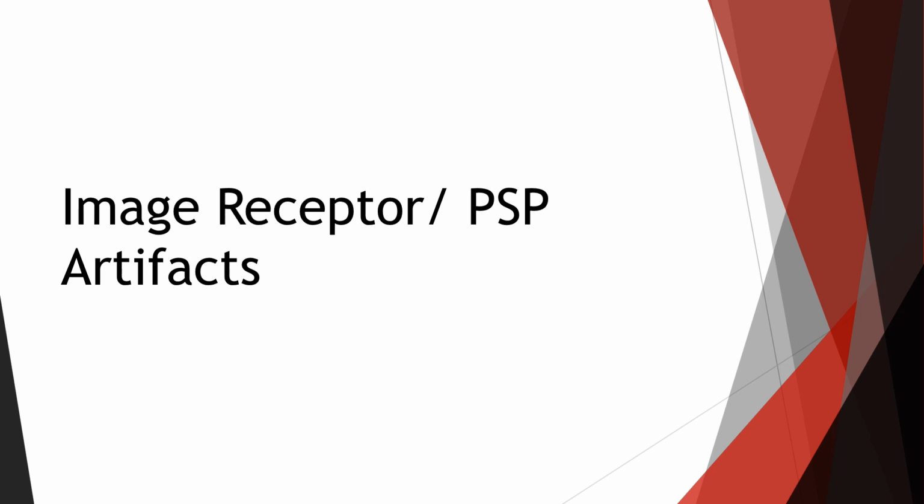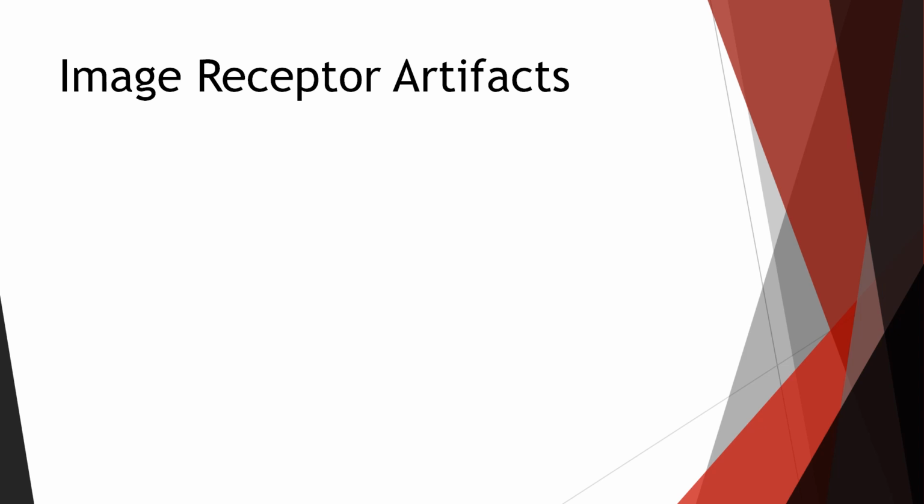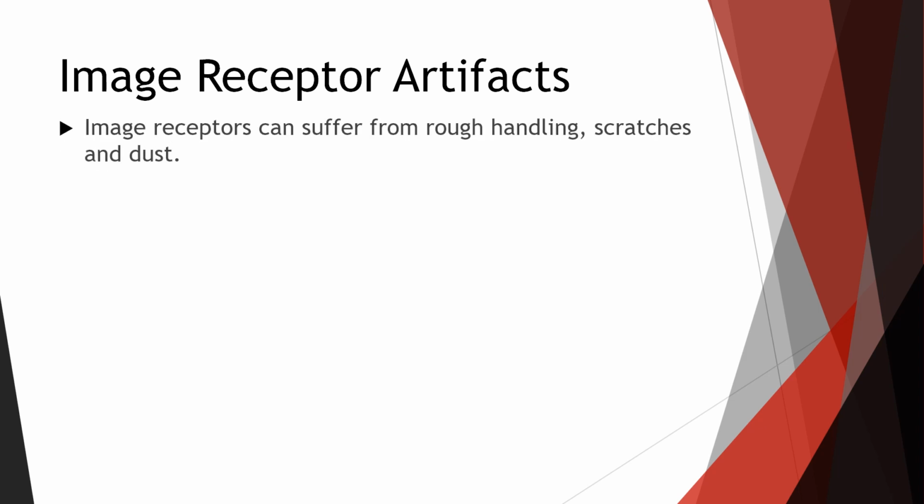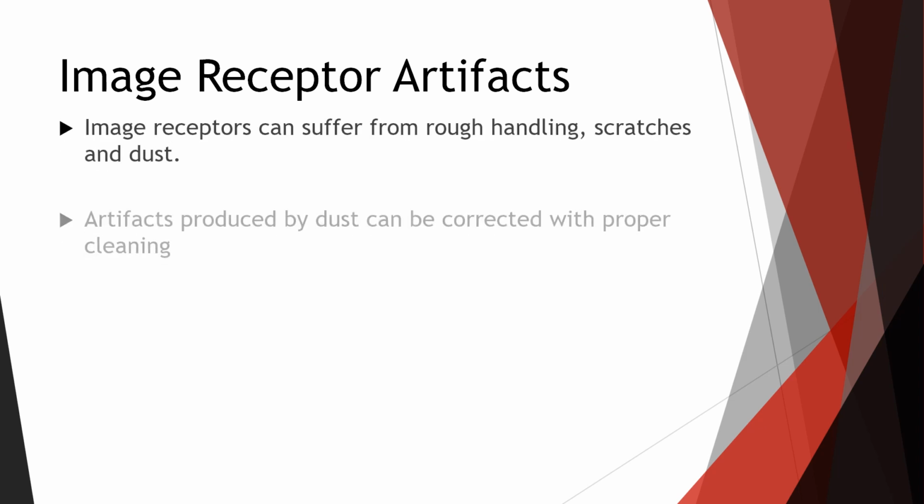That would be considered more like DR or CR artifacts, where of course the PSP is photostimulable phosphor, and that is used in the CR technology. So image receptor artifacts. Image receptors can suffer from rough handling, scratches, and dust.